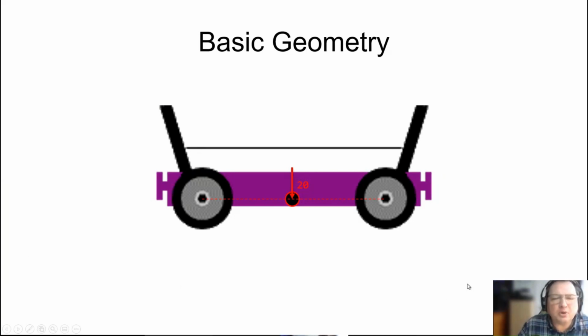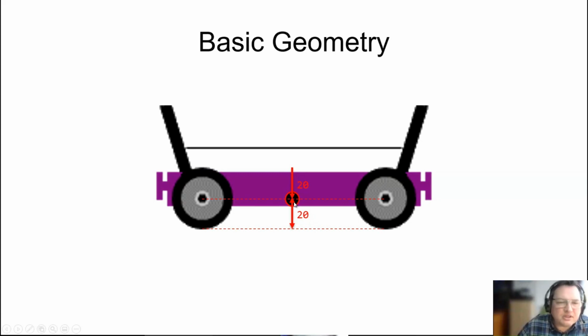So firstly, let's have a look at some geometry of our trolley. First of all, the distance between the center of the wheels and the bottom or baseline of the wheels is also 20. This is basically because this image is 200 pixels by 80 pixels high, and the diameter of the wheel is 40, the radius of the wheel is 20.